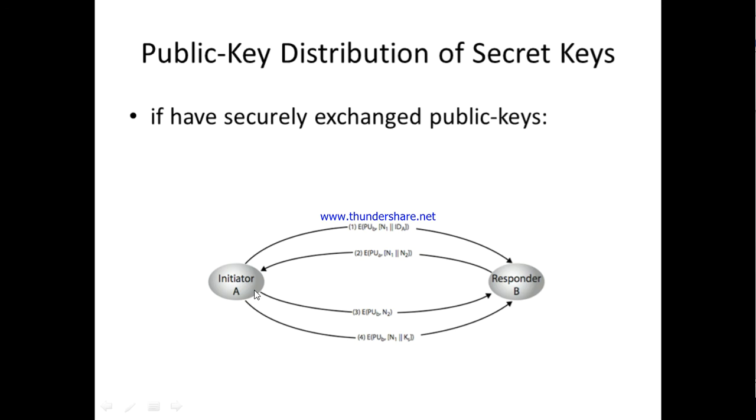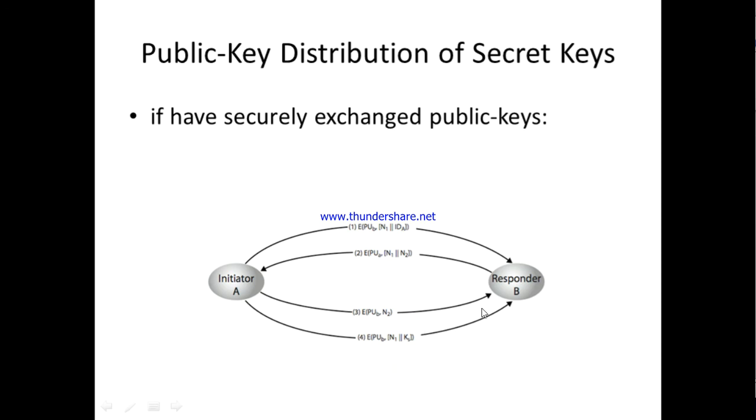In the next step, A sends a nonce encrypted with the public key of B again. B has given its identity, A has given its identity, and they are coming to an agreement. Then A shares the secret key using the public key of B. That means only B can get this secret key.